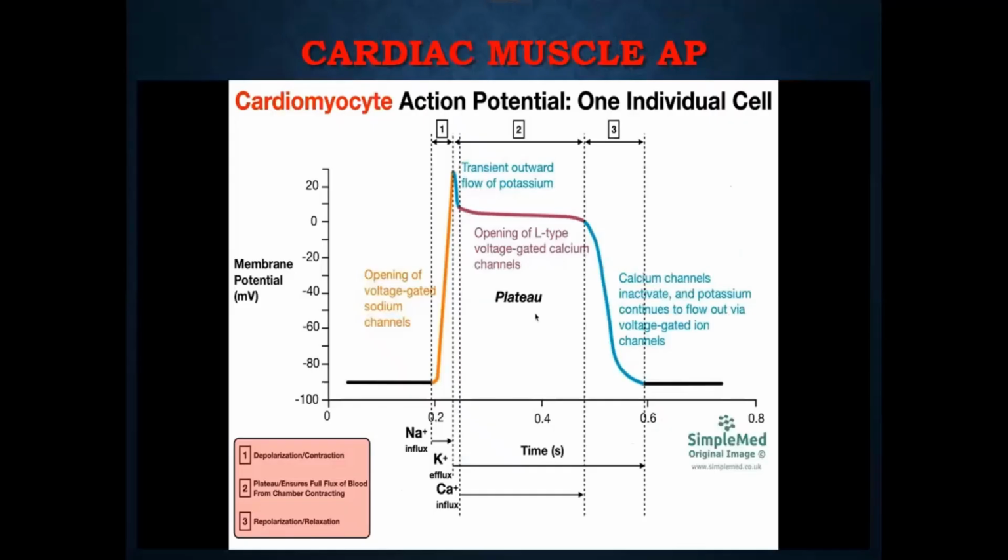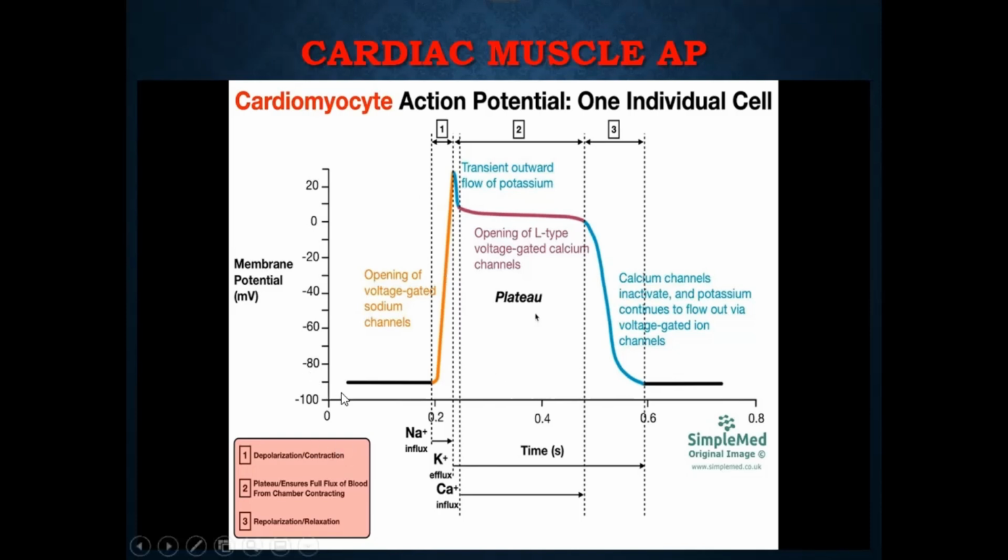Okay, so next we go to the cardiac muscle action potential that we discussed that day during the antiarrhythmic. I'm just going to go through it very fast. The difference here is that the resting membrane potential of a cardiac muscle action potential is much more negative. Because calcium and sodium are outside, more positive, and inside only potassium, less positive, the inside is more negative.